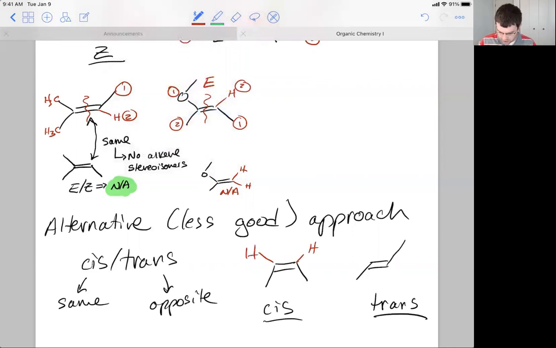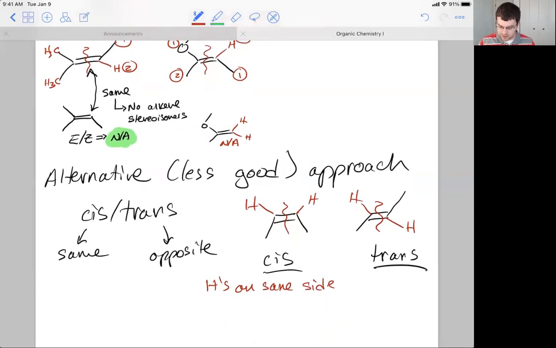So when we have hydrogen atoms attached to both ends after we cut in half, we say that if the H's are on the same side, then it's cis. And if the H's are on opposite sides, then it's trans.